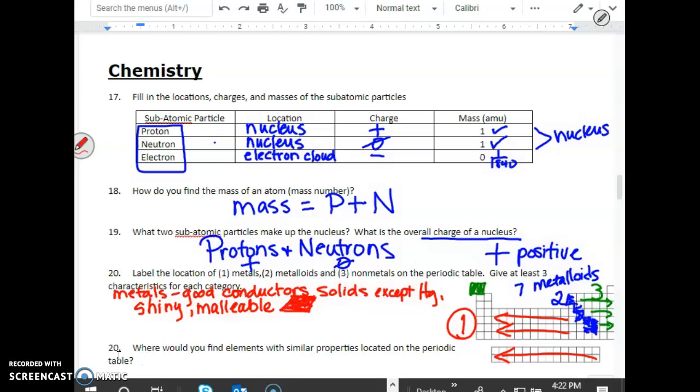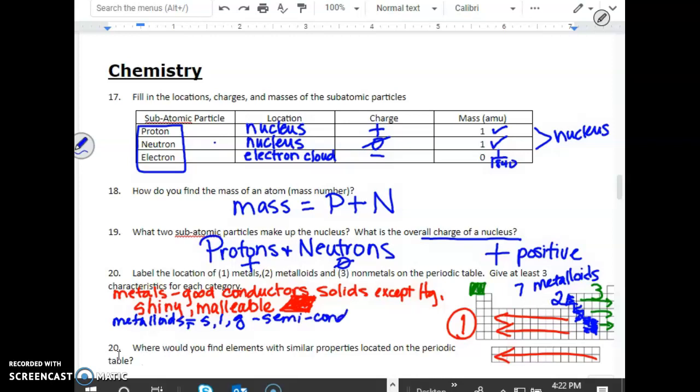All right, my metalloids, I'm going to put those in blue. Really, the metalloids can either be solids, they can be liquids, or they can be gases. They are semiconductors.